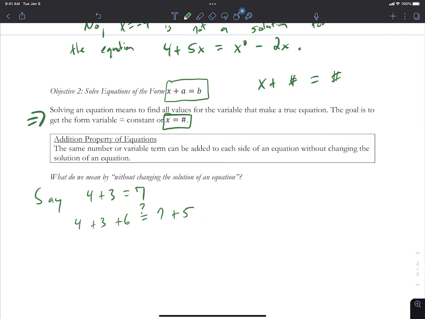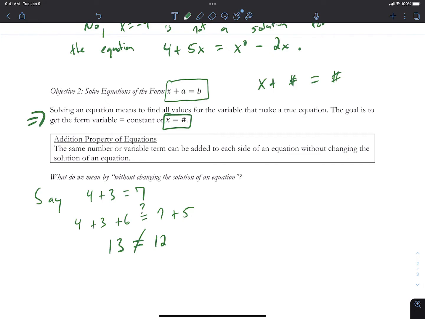Of course, you might be thinking, well, of course it can't be equal, because 4 plus 3 I could replace with 7, so I have 7 on both sides. If I add 6 to one side and 5 to the other, then surely I'm going to get different answers on either side. And that's true. 4 plus 3 plus 6 gives me 13, and 7 plus 5 gives me 12, and these are not equal. So it's just a little exercise using arithmetic.